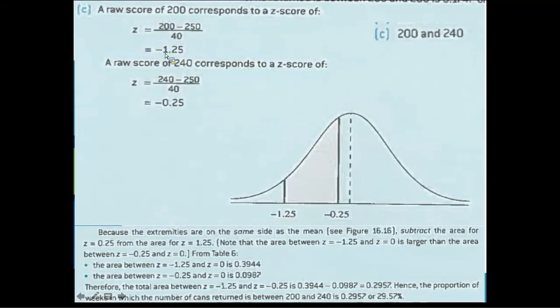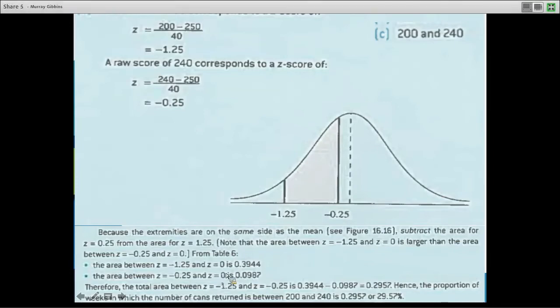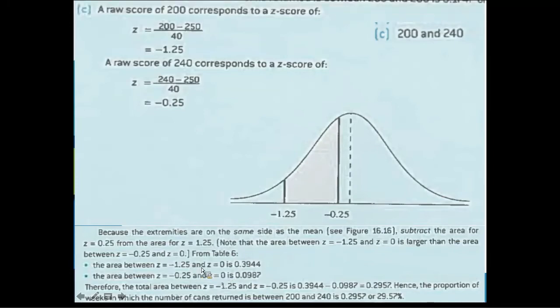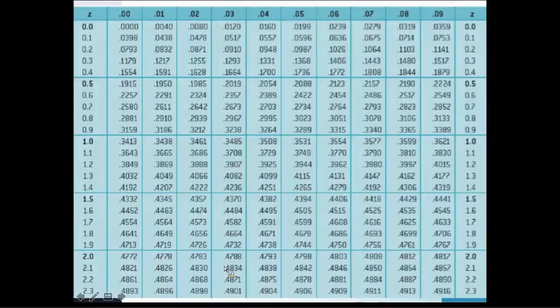We put the 200 in our formula, a Z score of minus 1.25, and the 240 in, a Z score of minus 0.25. We already did that in the last question. We found that 0.25 was an area of 0.0987. Let's look at the Z score of 1.25.